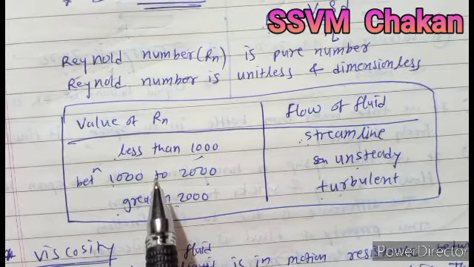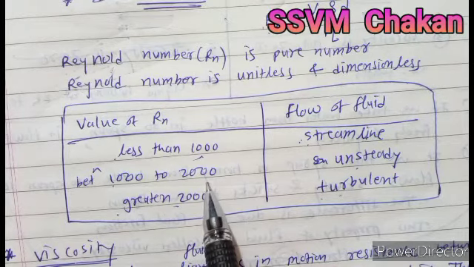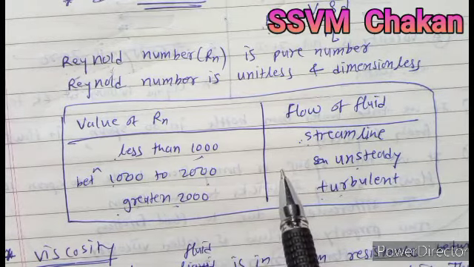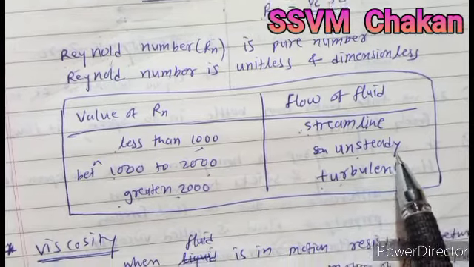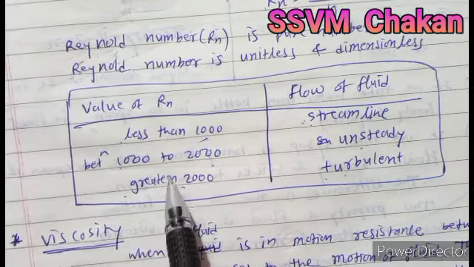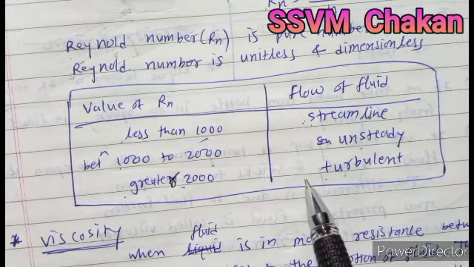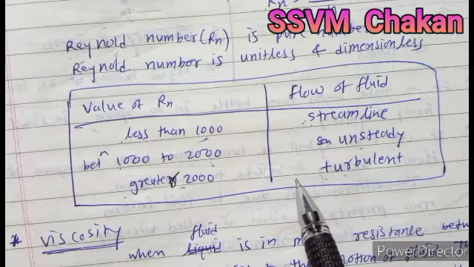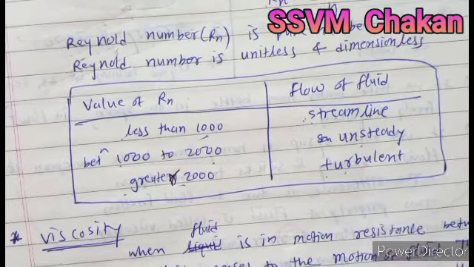If the value of Reynolds number is between 1000 and 2000, then that flow of fluid, whether liquid or gas, is called unsteady. And if the Reynolds number Rn is greater than 2000, then the flow of fluid, again liquid or gas, is known as turbulent flow.